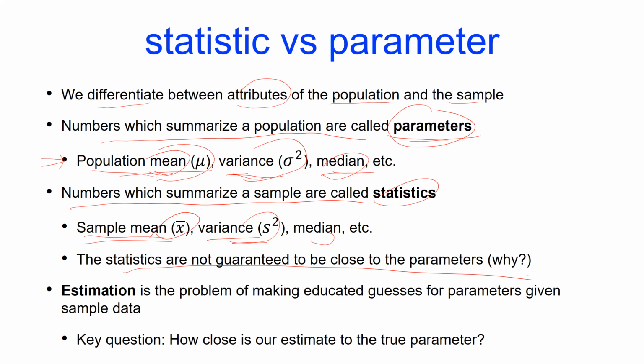So we need to really understand the problem of estimation: how to do it right, to make a better educated guess for the parameter given sample data. The key question is how close our estimate is to the true parameter. This is what we are going to study.